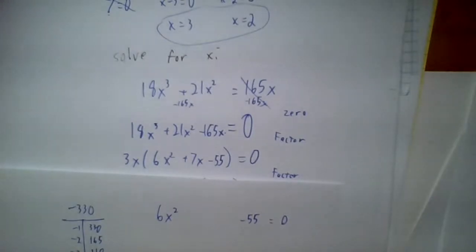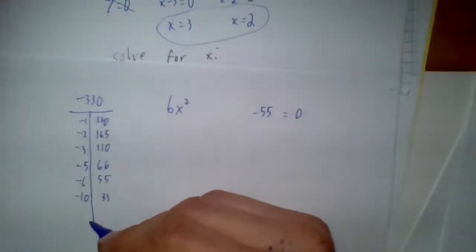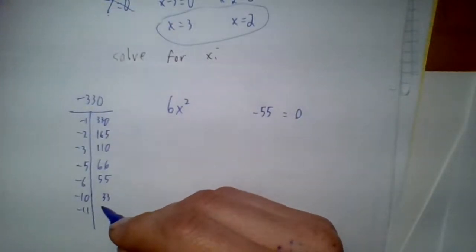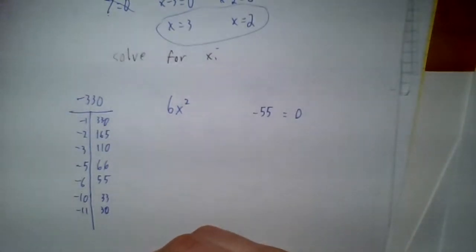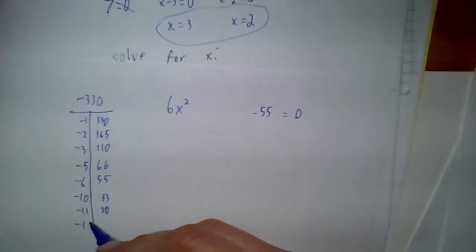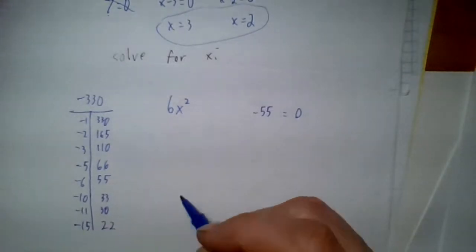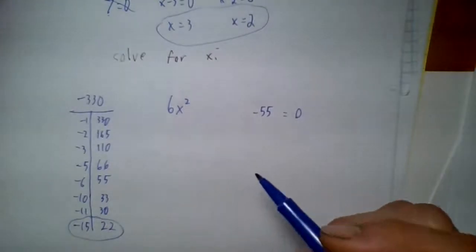We're not nearly close enough. 10, 33. Wow, here we go. 11 goes into it. We're getting closer. 12, no, 12 doesn't go into it evenly. 13 doesn't come out even. 14 doesn't come out even. 15, I think, does. 22. Oh, there we go. I got one that adds up to positive 7.